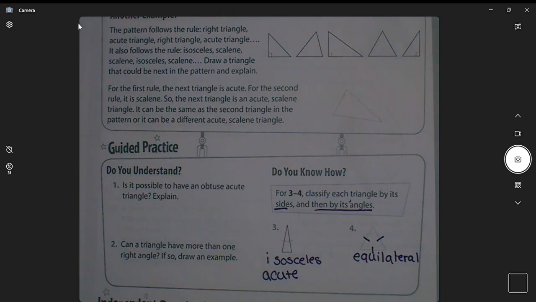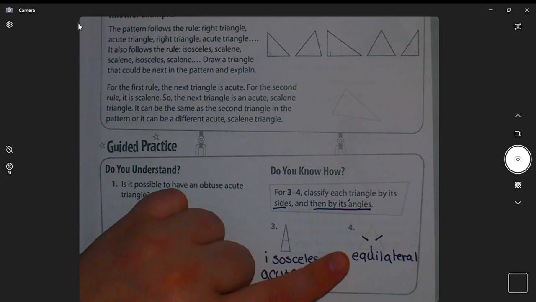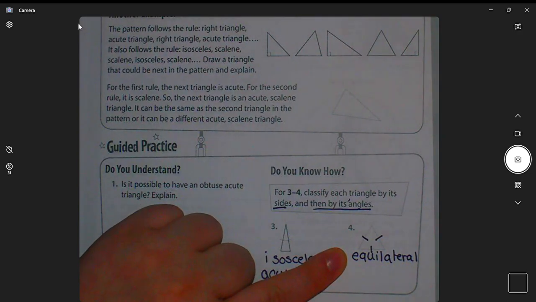Now, look at your angles. Are they acute, obtuse, or right? So they're acute. They're all equal.